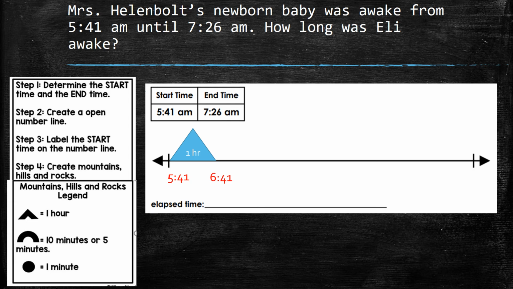So I go to hills, making it 10 minutes, 6:51. 5 minutes, making 6:56. Then I'm going to go to the closest hour by adding 4 minutes, because 4 more minutes to that 56 is 60, and 60 is an hour, putting me at 7 o'clock.